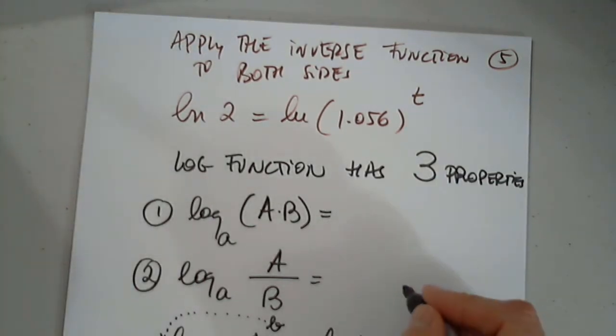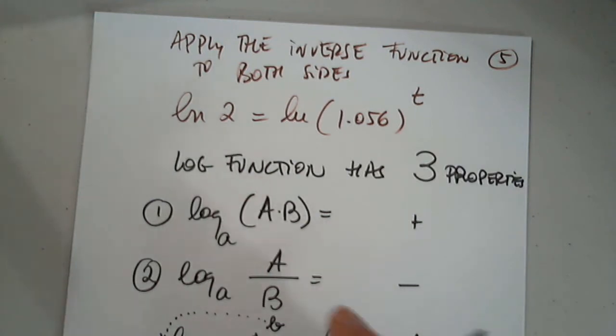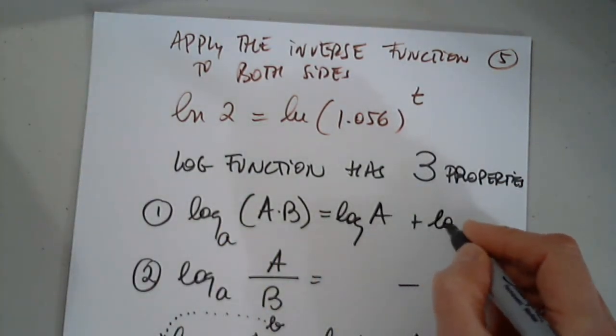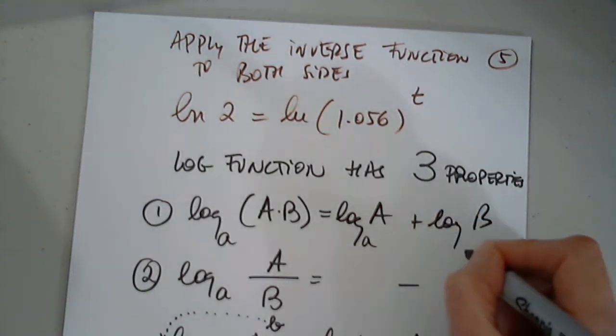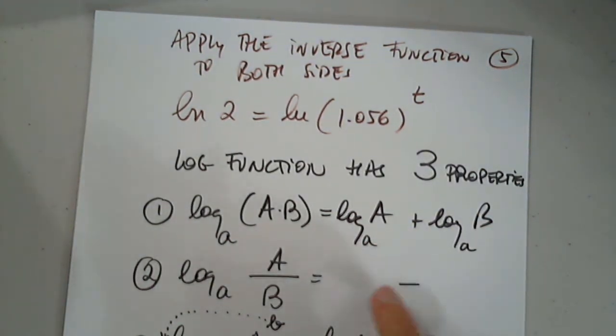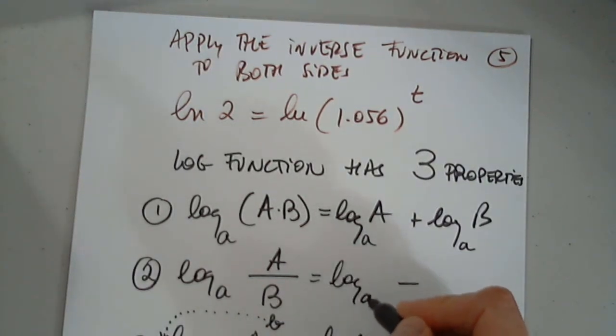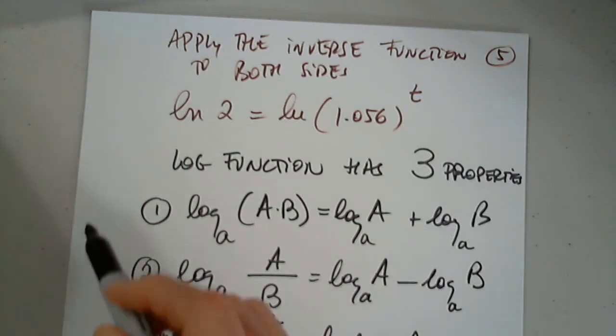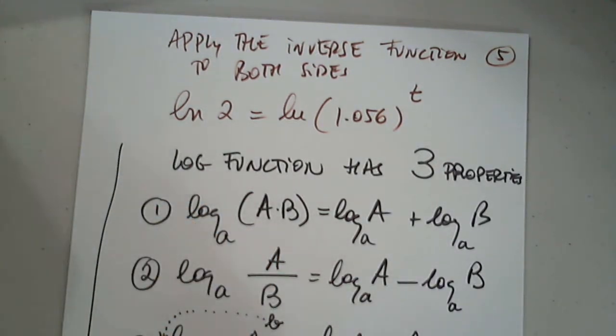So this is the sum of 2 logs: log of A plus log of B. Of course, all are the same base. And this one is log of A minus log of B because it's a ratio. So these are the major properties of the log.